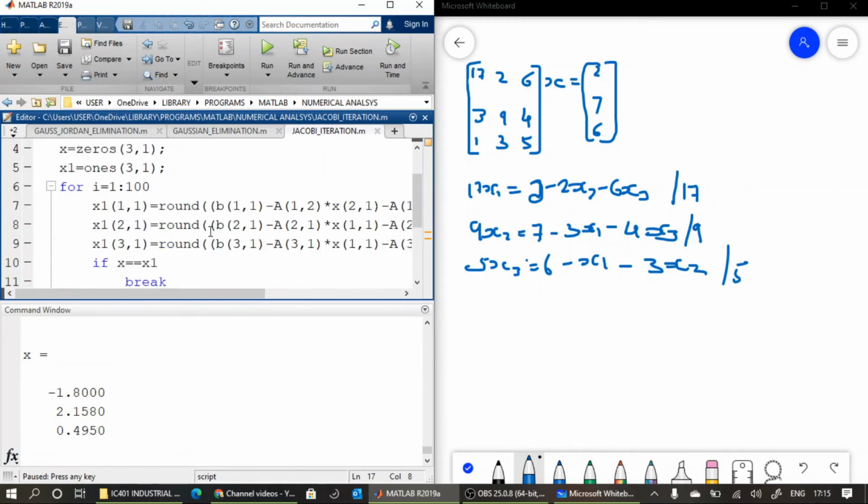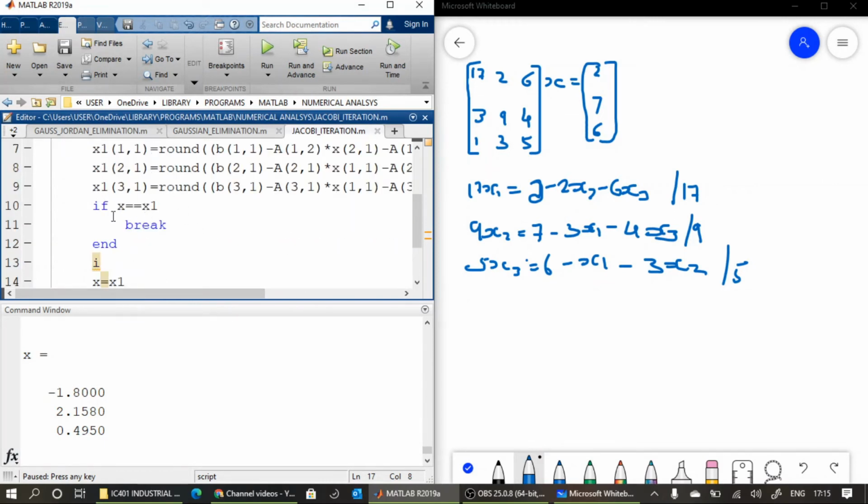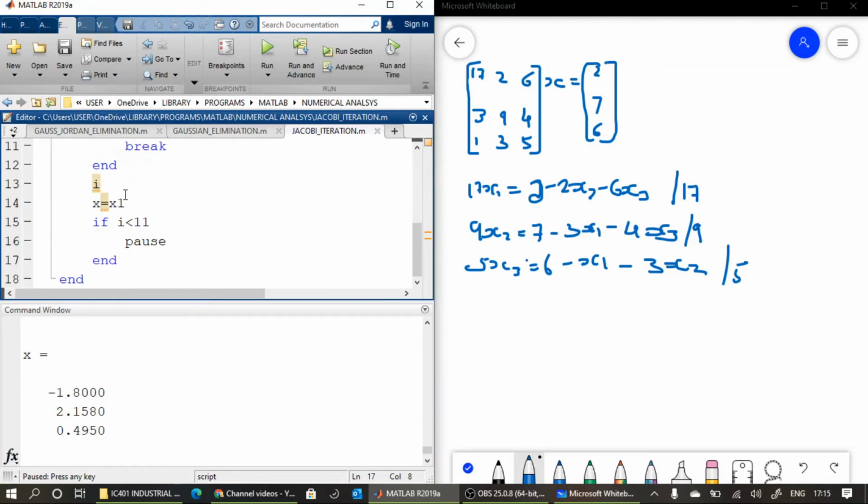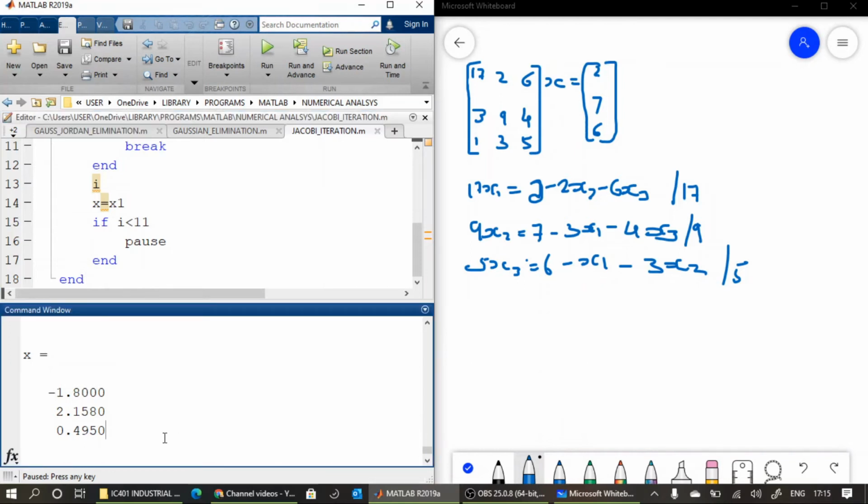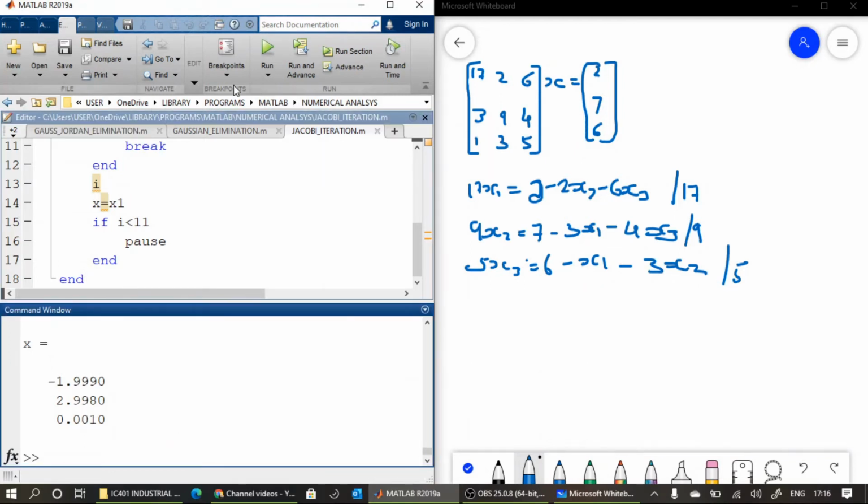Okay, if consecutive x values are equal, the algorithm is terminated. Here this algorithm will show the first 10 iterations. After that, it will give the final value. Okay, I am going to run this program.